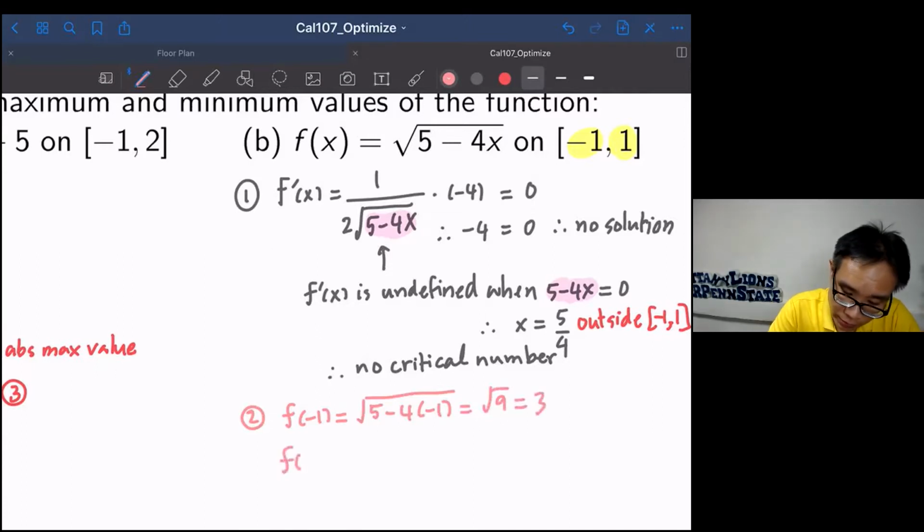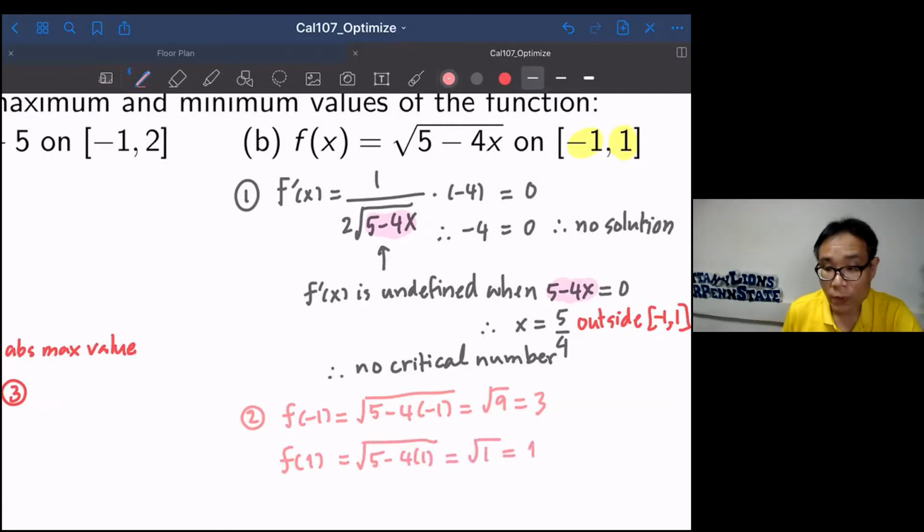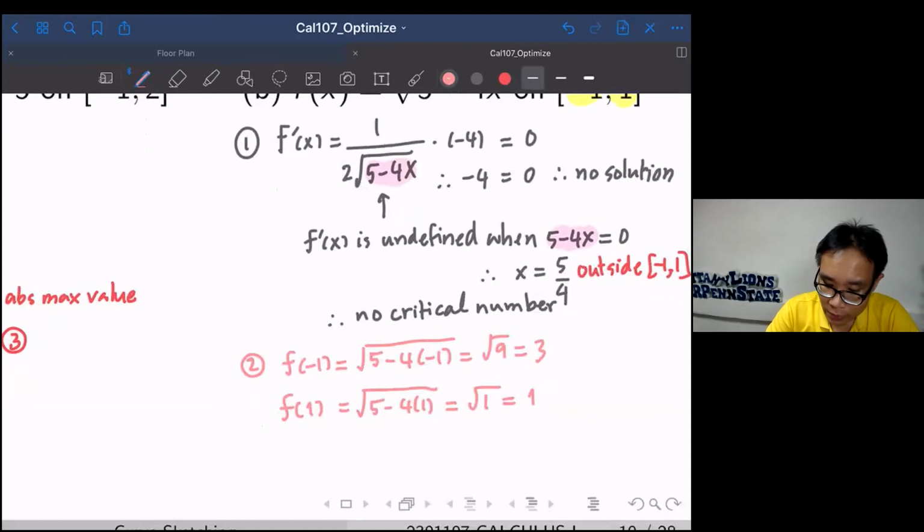And f of 1 equals root of 5 minus 4 times 1, which is root 1, equal to 1. So you get the absolute maximum and absolute minimum respectively. This is your third step.